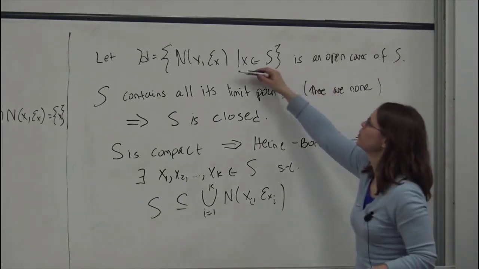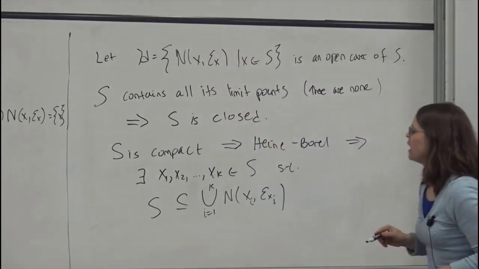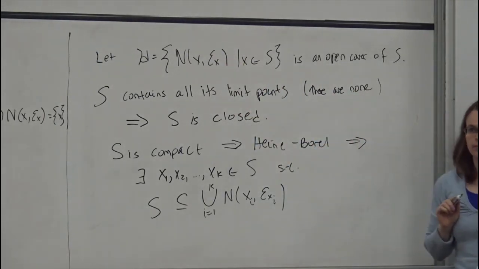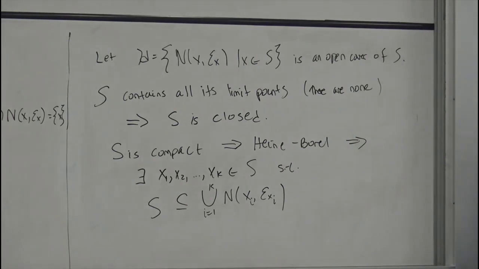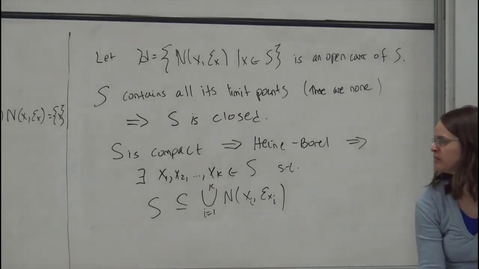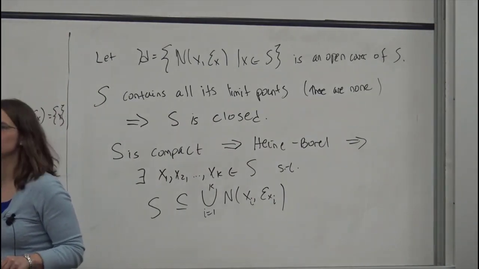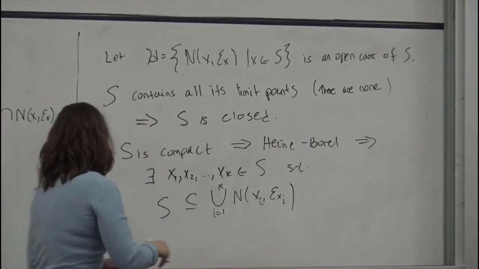Everything in my open cover has the form of a ball around x. Heine-Borel says finitely many of them will do the trick. There's a problem though. We know that each of these neighborhoods contains exactly one point in S. Because these points are all isolated points, they were chosen to contain only one point.